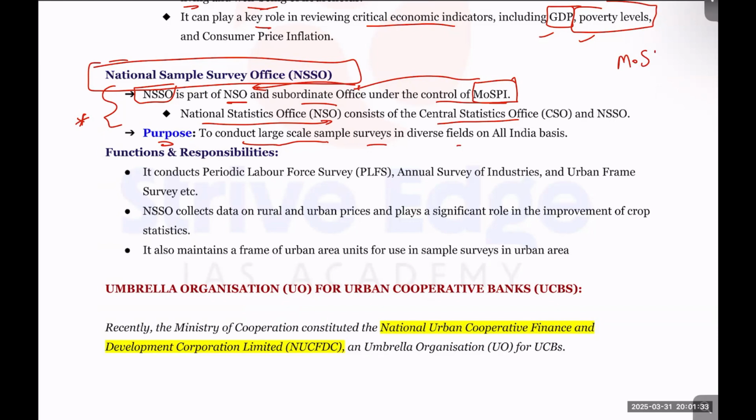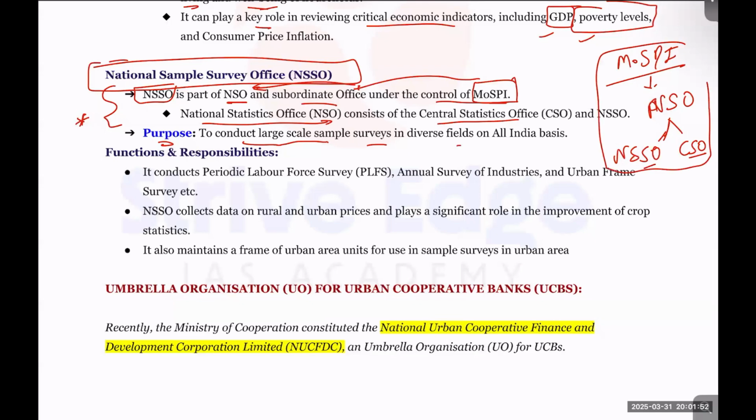The Ministry of Statistics and Programme Implementation is there, under this the National Statistics Office is there, and under this two departments are there, NSSO and CSO. So this is the complete structure of India's statistics office. You should remember this.